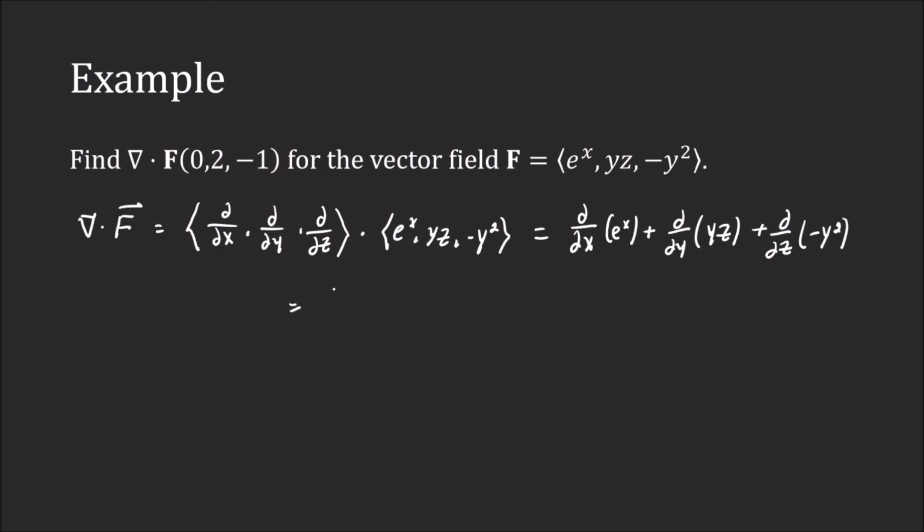Okay, so partial x is e to the x. Partial y of yz is just z. And then partial z of negative y squared is 0. So we're left with e to the x plus z.